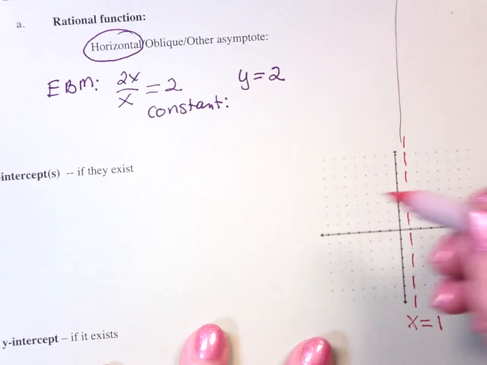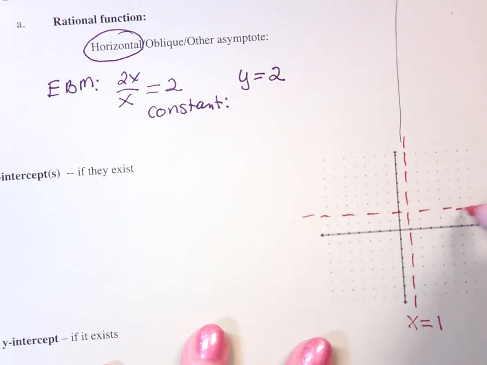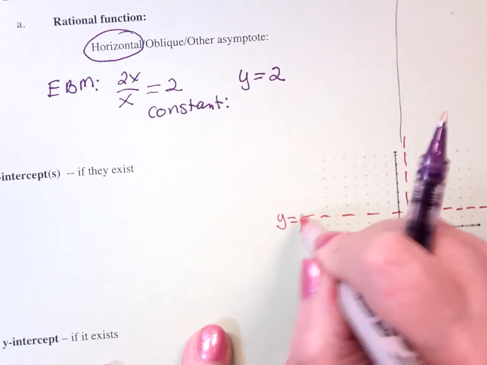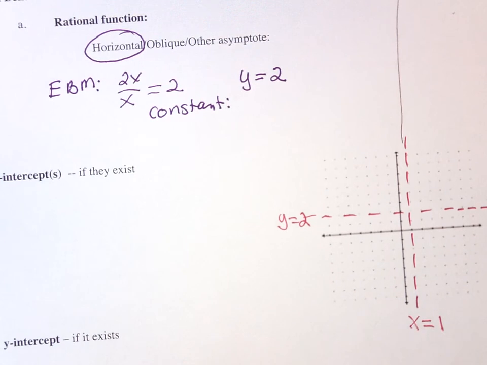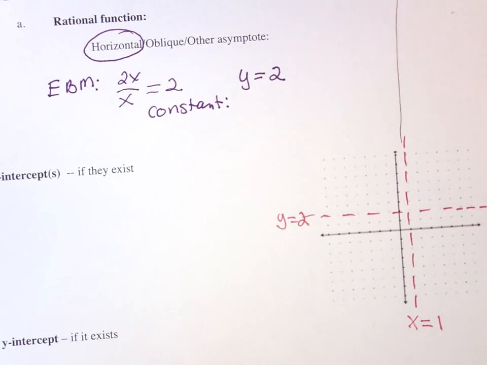I have an HA at y equals 2. These graphs where you have one VA and one HA are very predictable. They'll either look like 1 over x squared shifted, or they will look like 1 over x shifted.